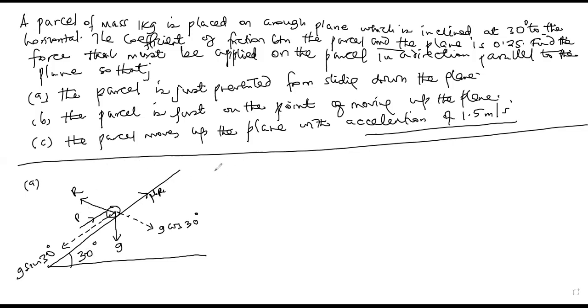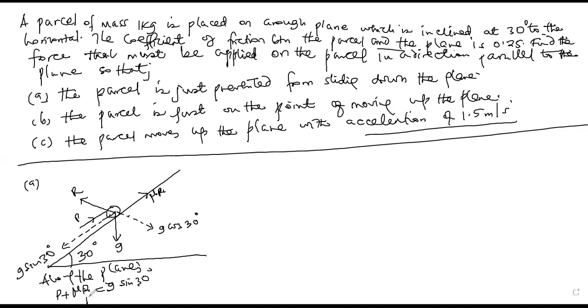But when the body is just being prevented from sliding down the plane, you can use resolution of forces perpendicular to the plane and parallel to the plane. So when you resolve forces along the plane, we shall have P plus mu R is equal to g sin 30.